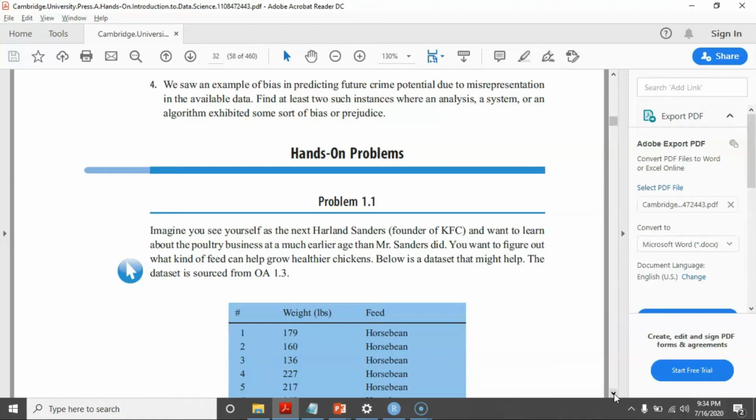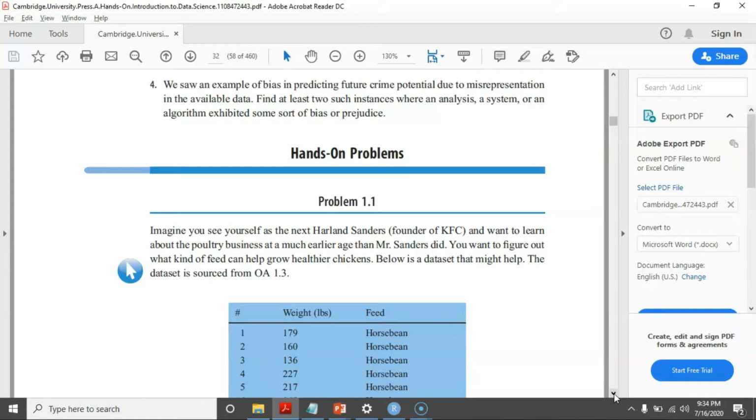So anyhow, you want to figure out what kind of feed can help grow healthier chickens. So the motivation is that a data set is given below, having around 71 instances or records, having attributes.